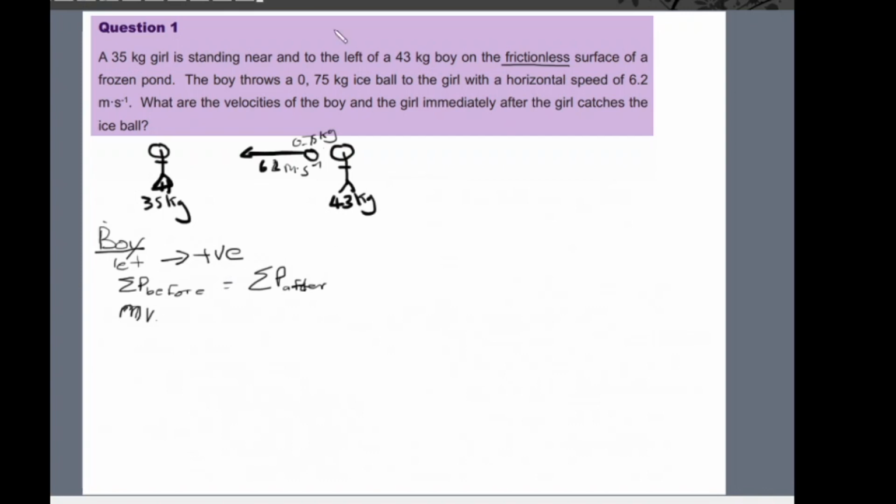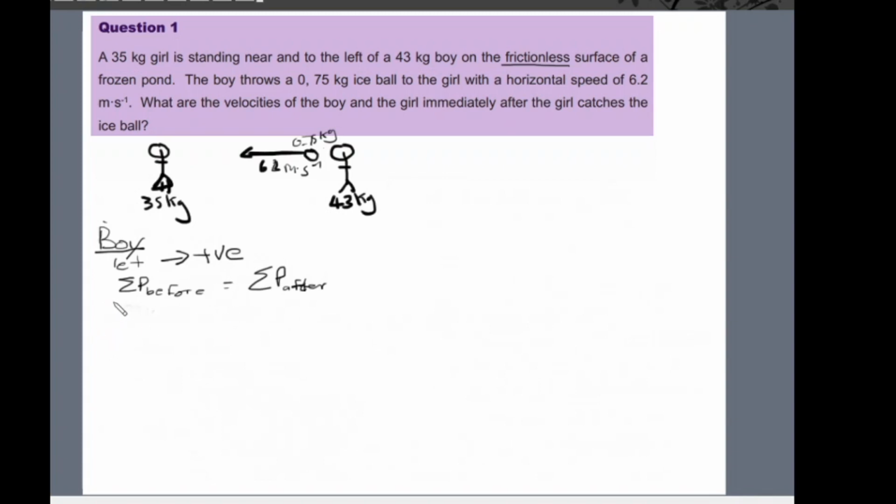Okay, wait. So before collision, in the situation of the boy, before collision, or before explosion, because it's sort of like an explosion. So the boy is holding ibhola esandleni sakhe. So therefore the boy and the ball are sort of like one thing, right?